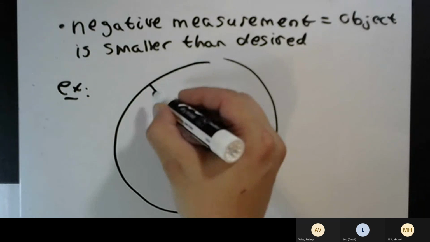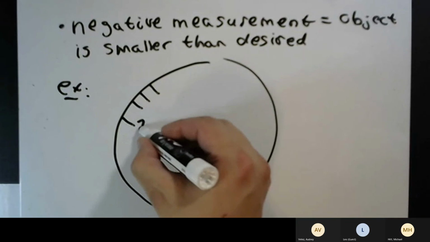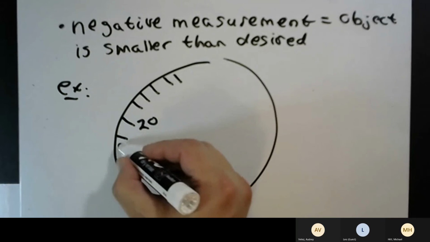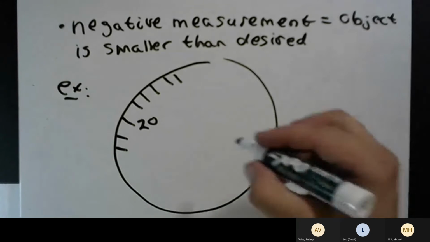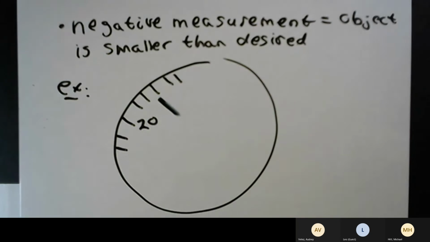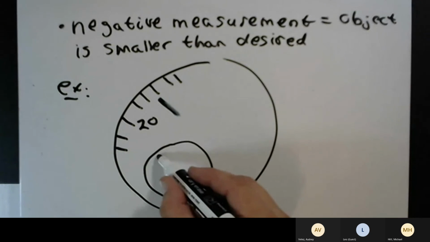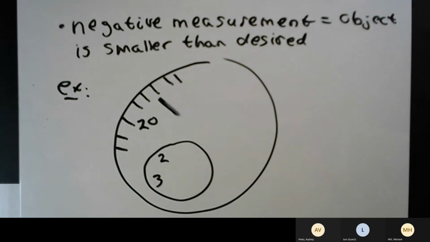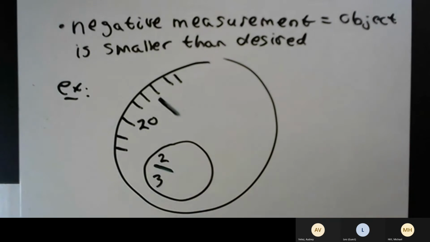And let's say our needle is pointing here on the large scale, and then our rotation we have it like this.